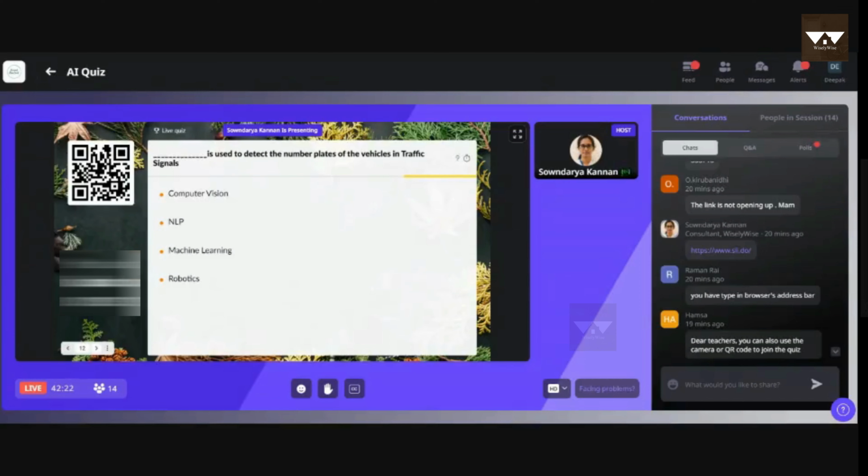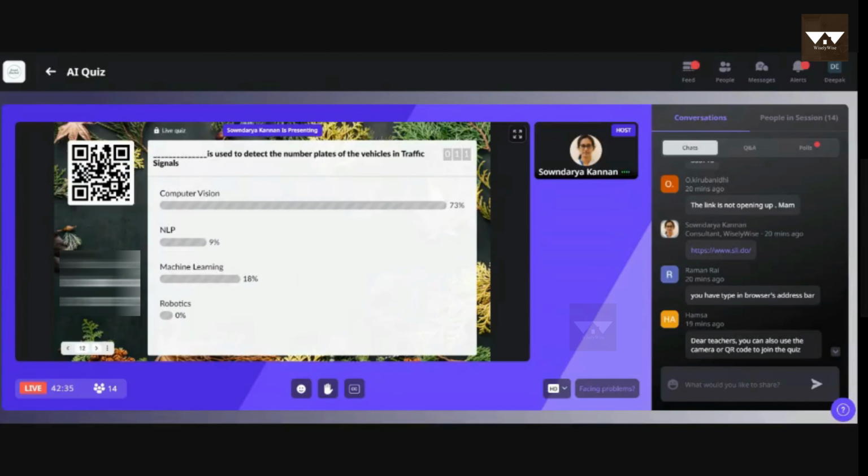You can choose one right answer. Okay, we'll see what all of you have answered. Good try, good attempt. So it's computer vision, as all of you mentioned. I gave a clue before. Using the cameras, it detects the number plates basically. So A is the right answer for you all.